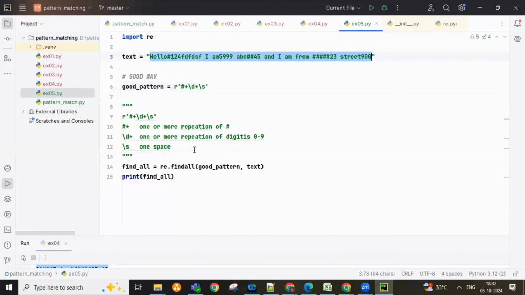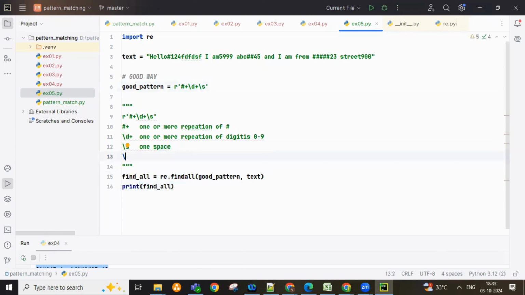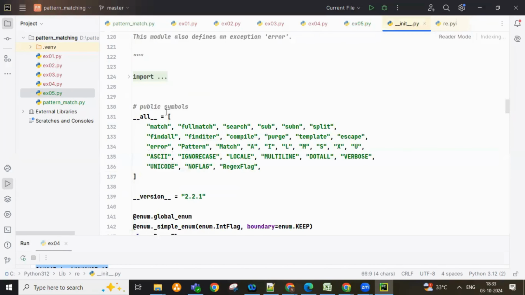Let me update some text, and change something else also. Now you understood what slash d is, what slash s is. This is the usage, and there is something called slash w. Slash w means word character.